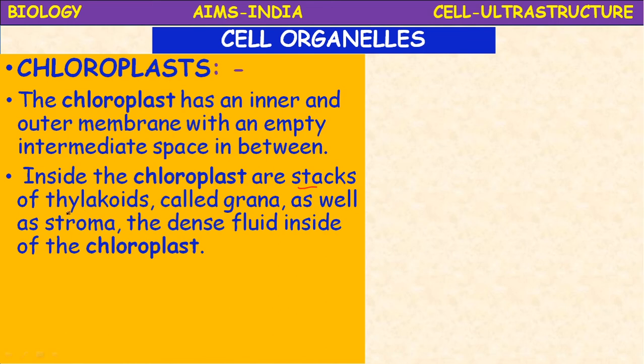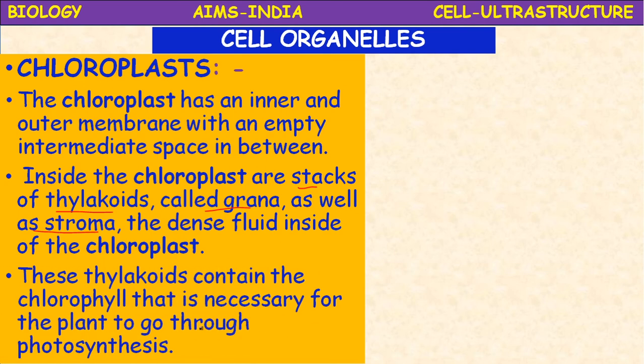Stacks of thylakoids are green in color. They are called grana. The non-green structure present in the chloroplast is called the stroma, the dense fluid inside the chloroplast. Stroma is also called the matrix of the chloroplast.